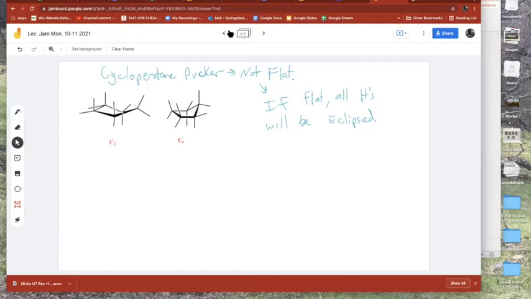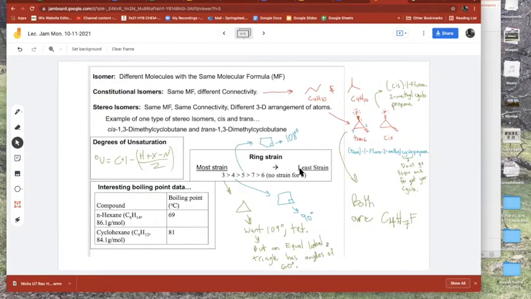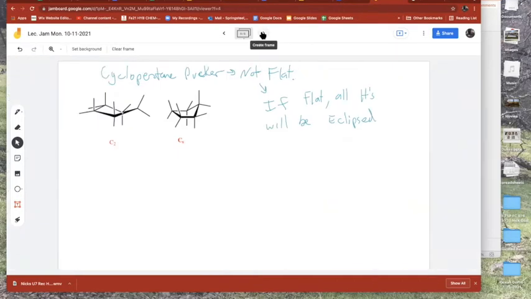The ones we're going to deal with the most are cyclohexanes, six-membered rings. They're the main focus of this chapter because cyclohexanes can take on a chair conformation.